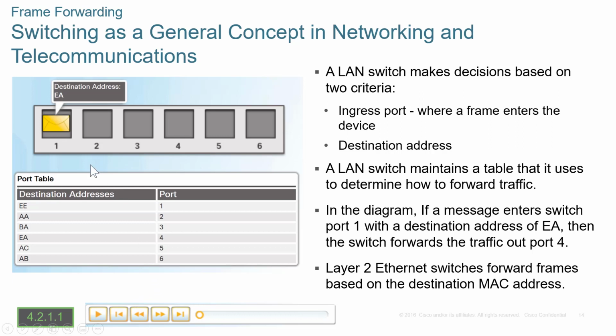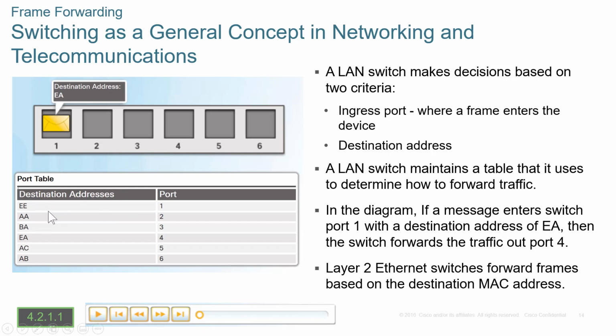Switches make their forwarding decisions, what port to send a frame to, based on the MAC address. So in this example right here, they have abbreviated the MAC addresses to 2 digits. Normally, they're 48 bits long, okay, 12 hexadecimal digits.